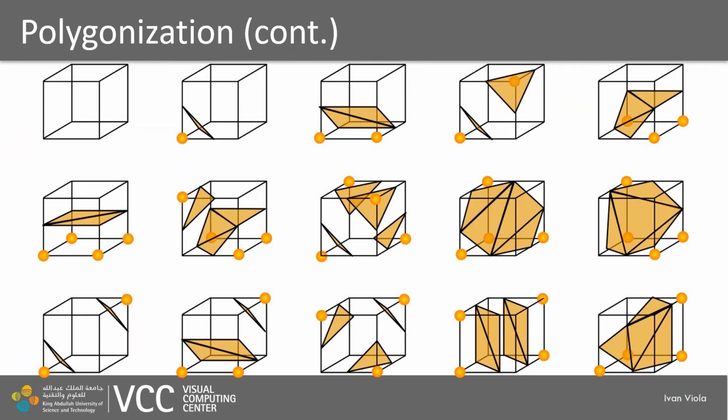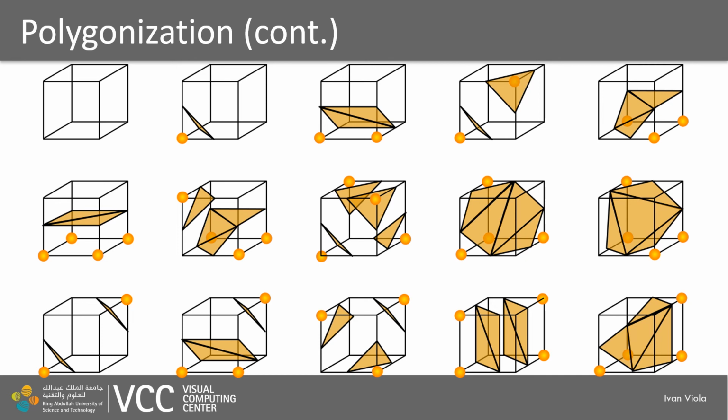So in total, we have 254 cell constellations which are intersecting our implicit surface, but they are not unique. And the uniqueness can be defined by 15 different cases.